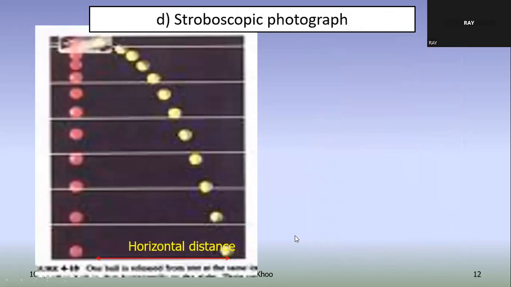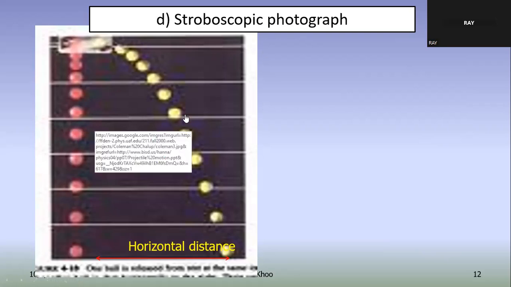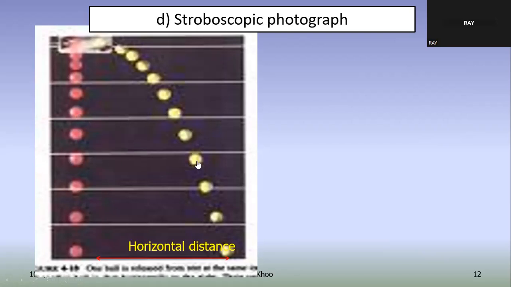This is a stroboscopic or multi-flash photograph, where you drop the ball at the same time you send another horizontally. So they have the same time, same height, same time, same height.